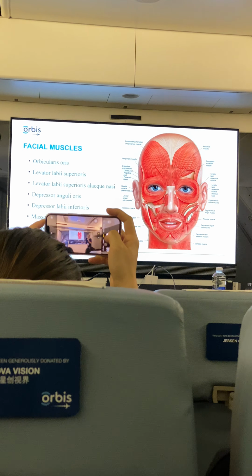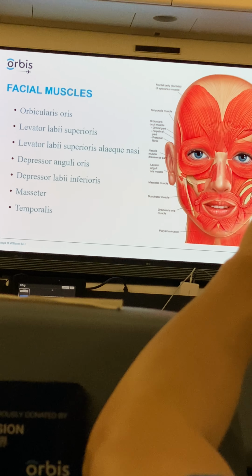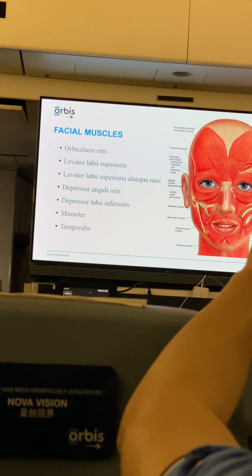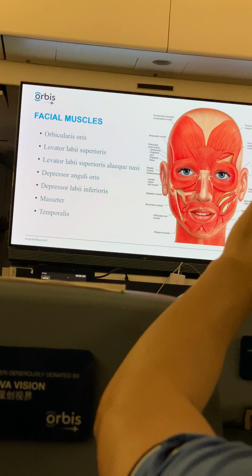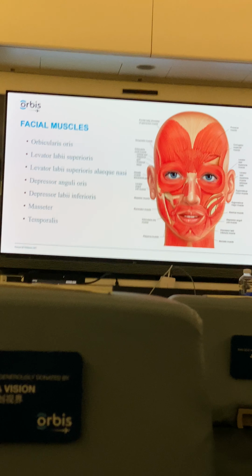Also, this gives us some context for when we are doing oculoplastic surgery, how these muscles are in relationship to the other muscles on the face.